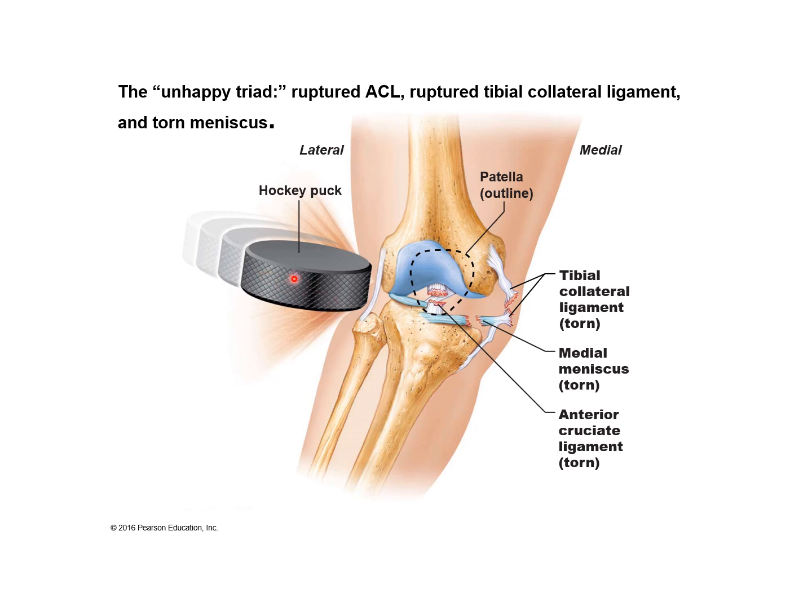Let's say it's a hockey puck, all right, and this person gets hit on the lateral side of the knee here. Well, what that does is it obviously puts enormous pressure on the lateral side, okay, but your fibular collateral ligament is going to be okay, all right, in most cases.